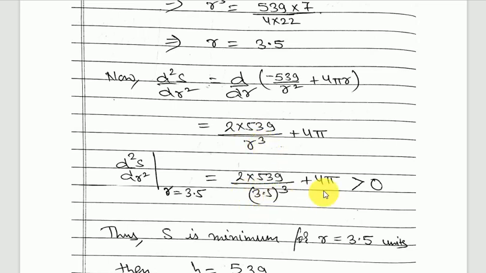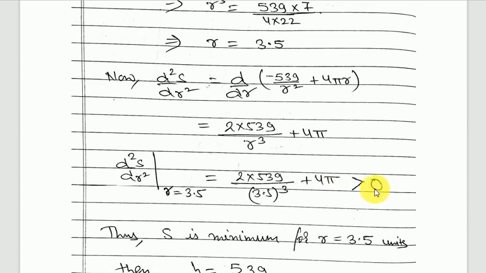Numerator is positive, r is positive so r cube is positive, pi is constant and positive, 4 is positive, and the plus sign is there, so automatically this will be greater than 0. So the second derivative for r equal to 3.5 is greater than 0.